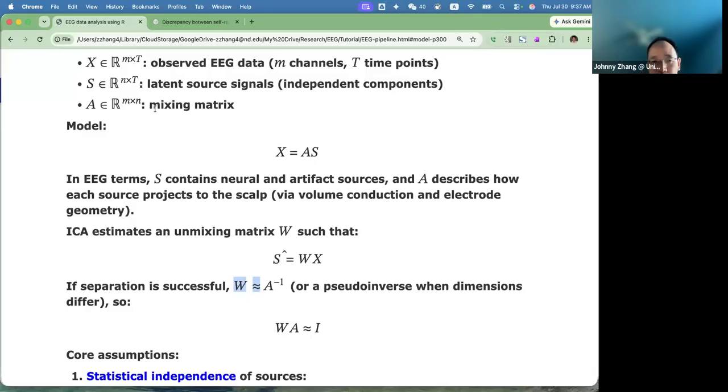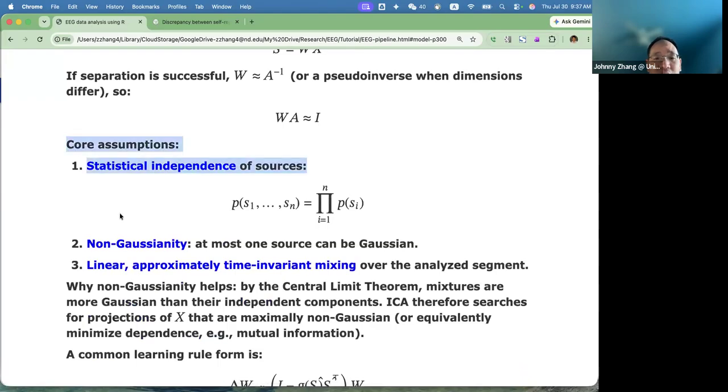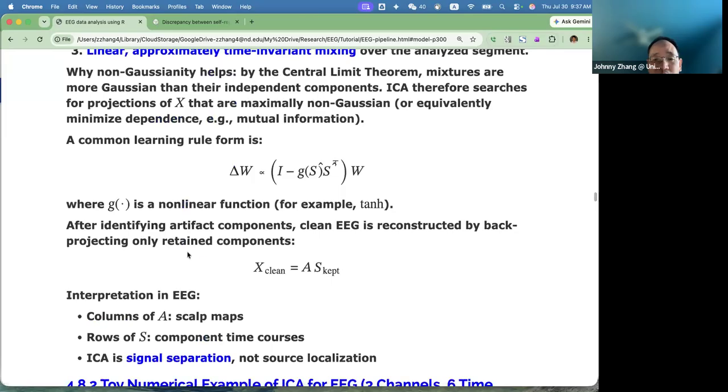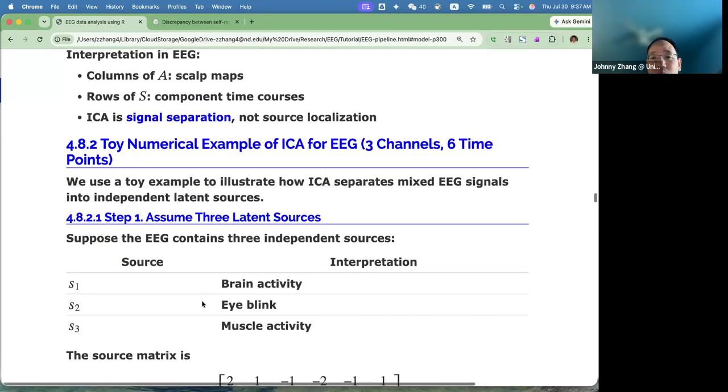Okay. So in this case, we can directly multiply by the inverse of A on both sides, so we get the true signals from the observed information. I'm not going to go through the assumptions here because it's not really helping our data analysis. But let's look at the toy example here.